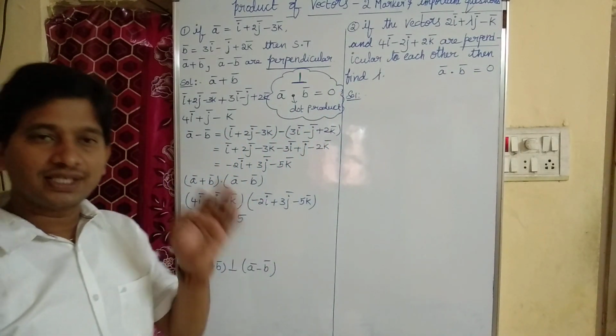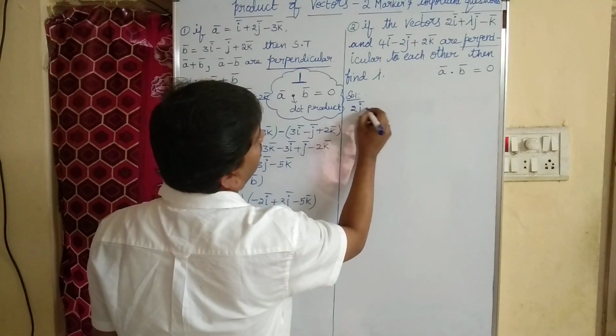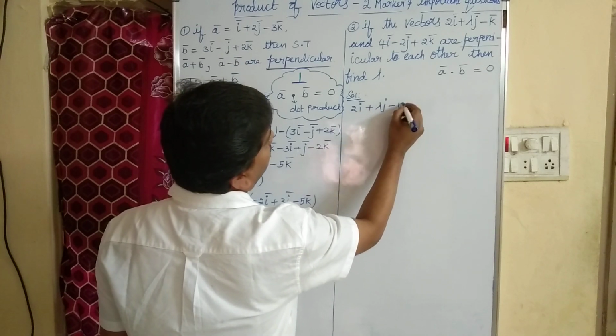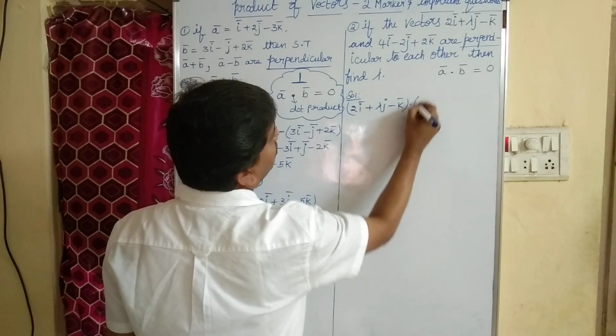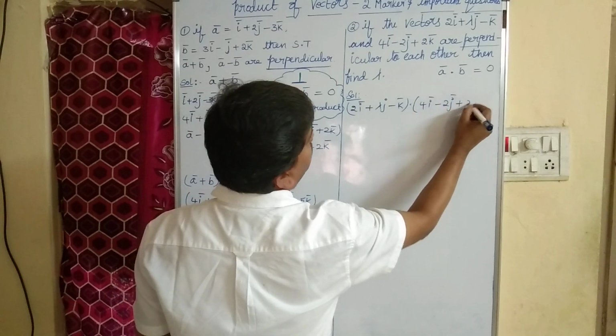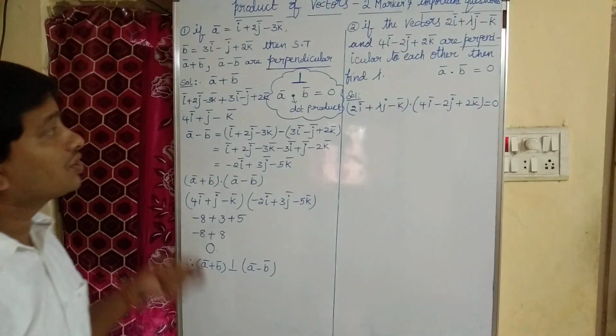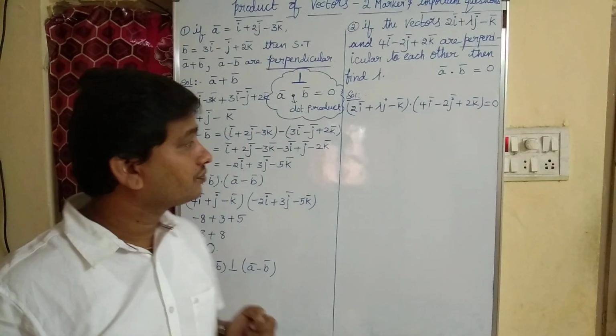So the given vectors are 2I bar plus lambda J bar minus K bar into 4I bar minus 2J bar plus 2K bar, which must be equal to 0, because they are asking to find the value of lambda.